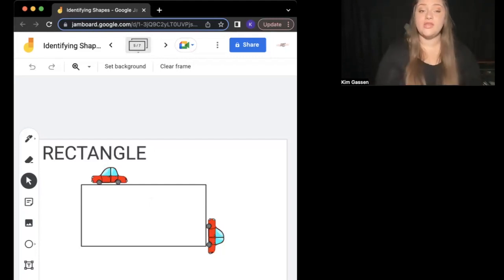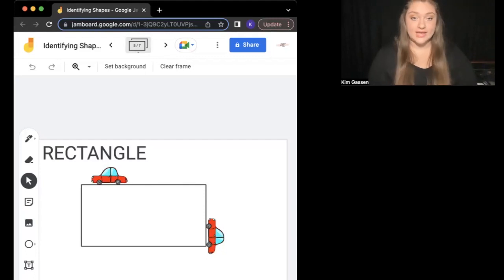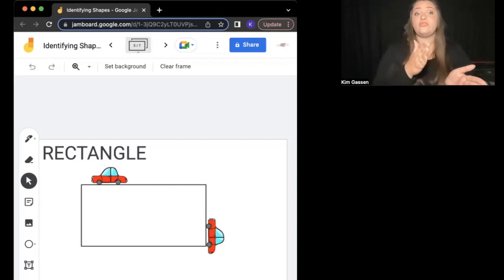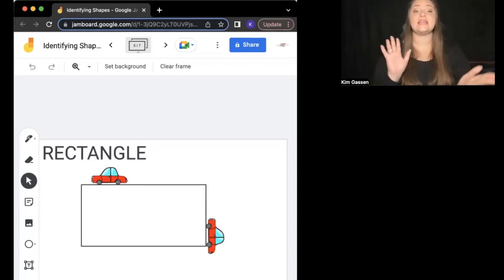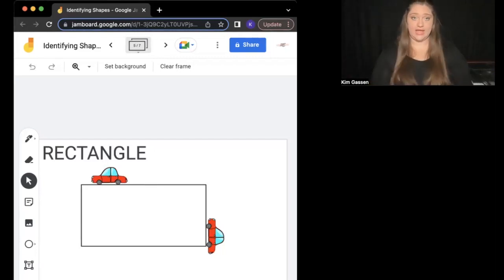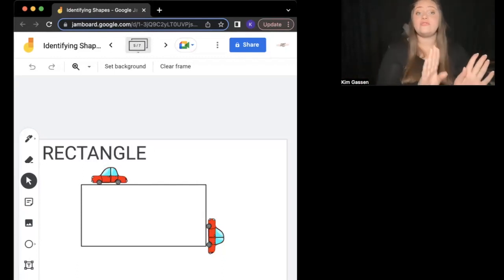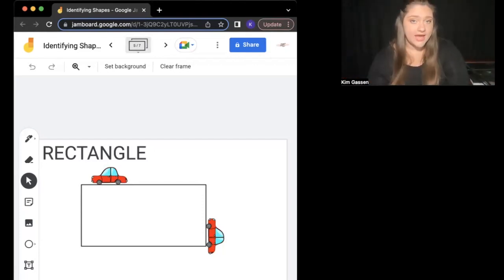Now, the way you can tell the difference between a square and a rectangle is this. On a square, every single side is the exact same length. On a rectangle, it has 2 pairs of sides that are the same length. So technically, every single square is also a rectangle.